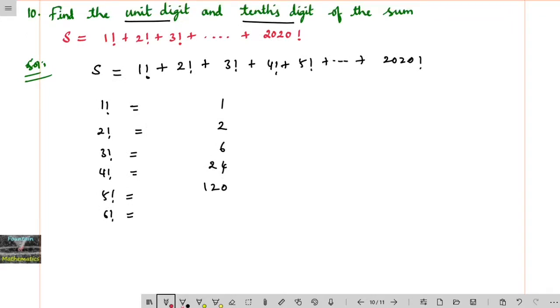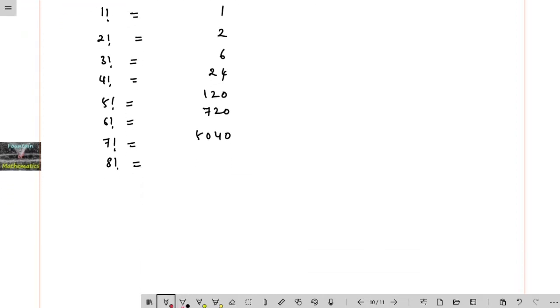To get the tenth digit we want 0 in the tens place, so till there we have to do the calculation. So 6 factorial is 720 and 7 factorial is 720 into 7, you will get 5040, and 8 factorial will be 5040 into 8, which gives 40320.